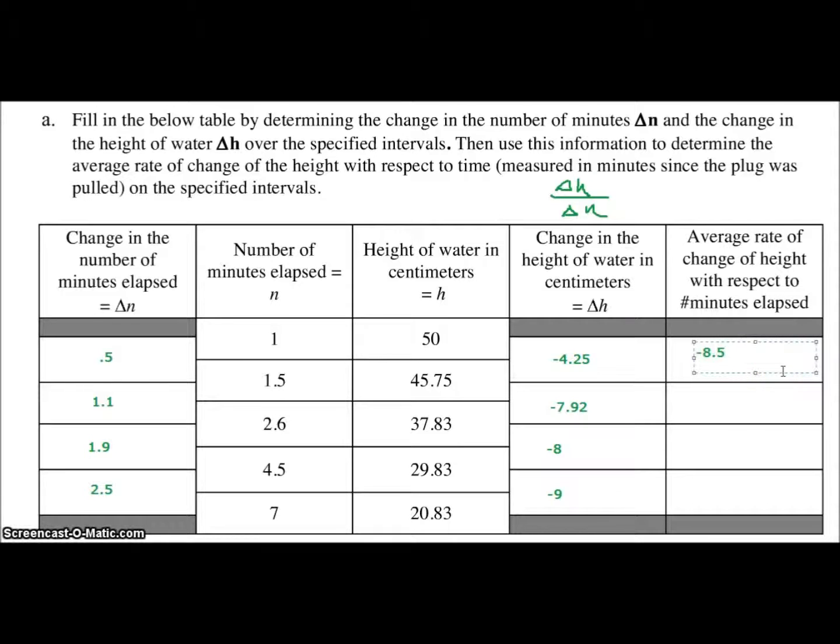Negative 7.92 divided by 1.1, that's negative 7.2, so right away I can see I was wrong in my guess that the rate of change would be a constant. Negative 8 divided by 1.9, negative 4.21.